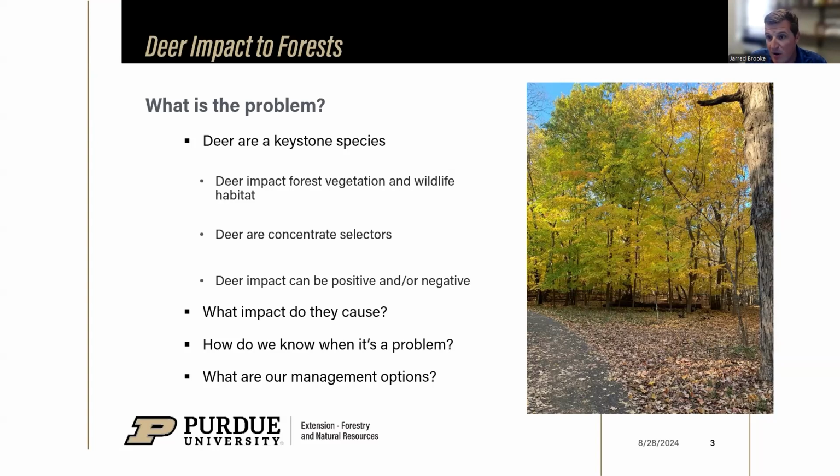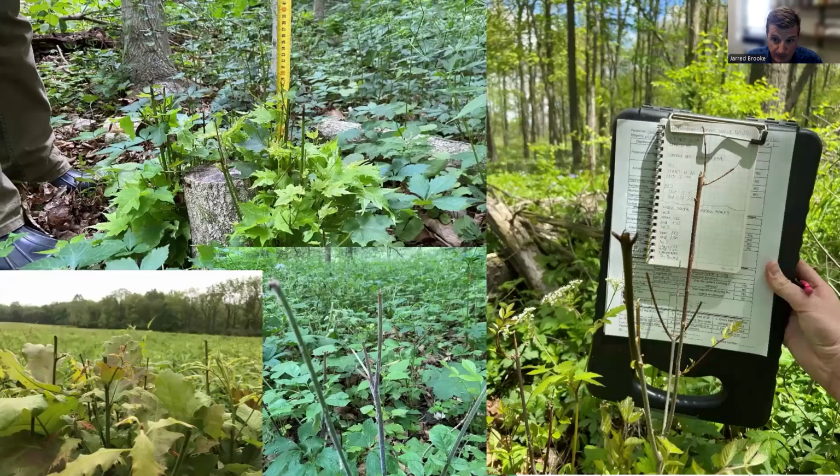So deer impact can be positive and negative. When is that threshold of when deer become problematic as far as limiting plant regeneration and tree regeneration and other types of forest aspects? And then, if deer are a problem, what are our management options to control deer and control deer browse? We're going to talk about all three of those questions as we go through.